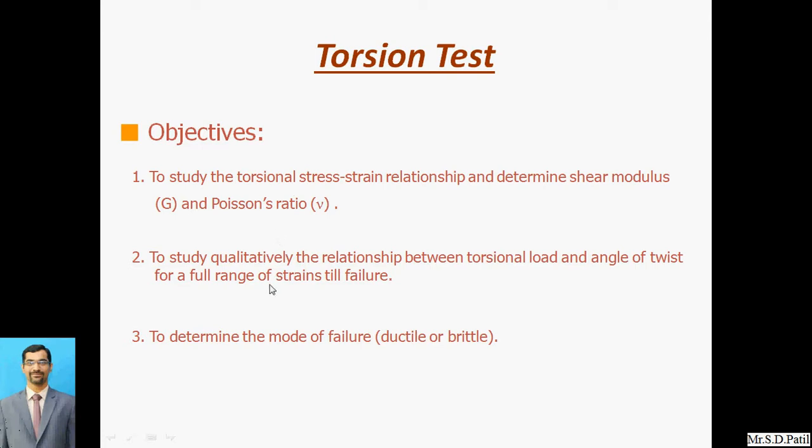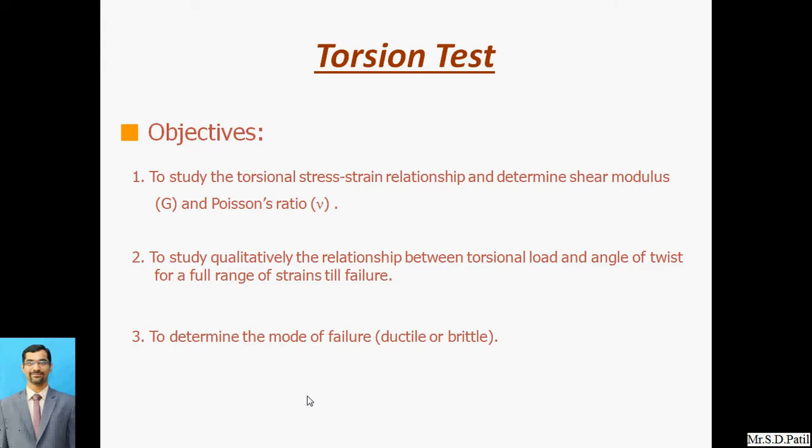The second objective of this study is the qualitative relationship between the torsional load and the angle of twist for a full range of strain till failure. That is, how much load we apply and its relation to the angle of twist is what we observe in this test. The third objective is to determine the mode of failure for ductile and brittle materials.